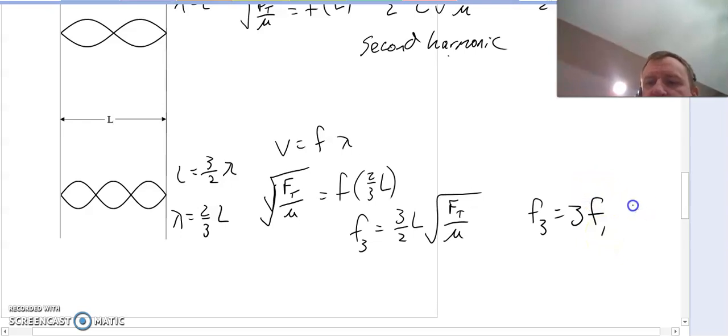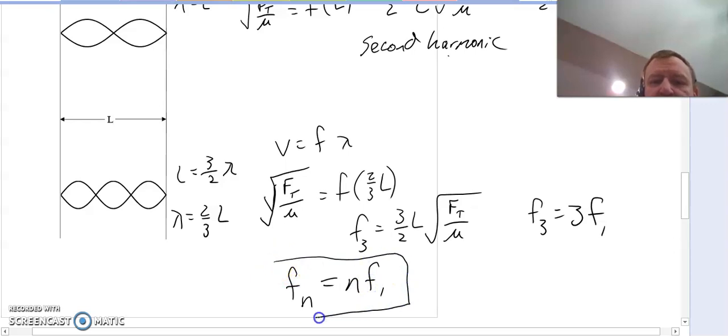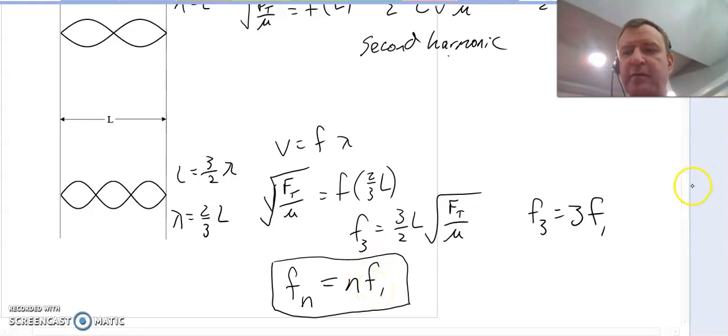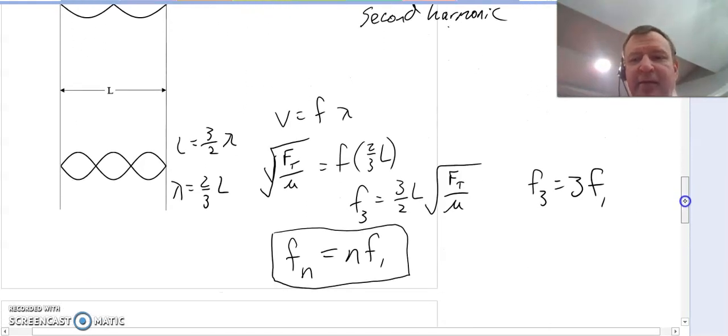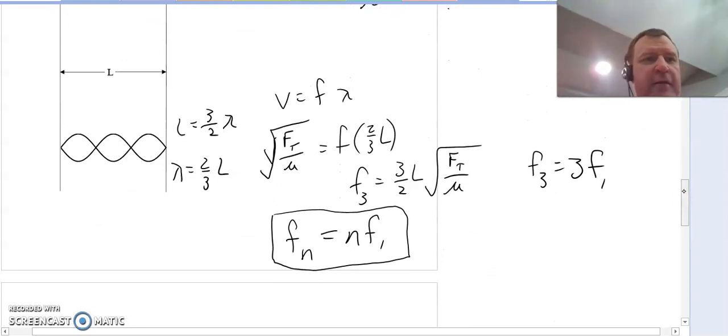Again, that easy. So in general, if we want the nth harmonic, that is just n times the first harmonic. I almost always deal with the first harmonic. It's the easiest one to draw. I only work with one thing, and if I need the 18th harmonic, I just find the first harmonic, multiply by 18, and that's it.